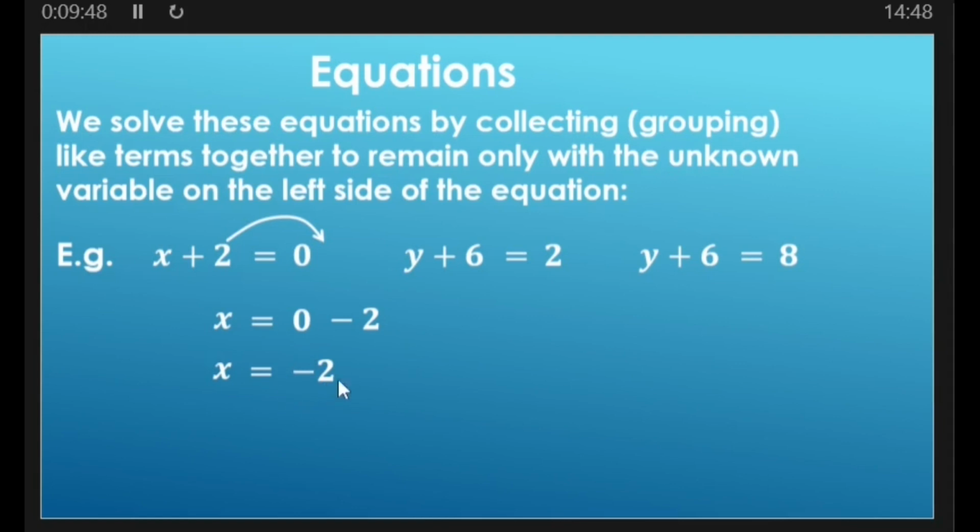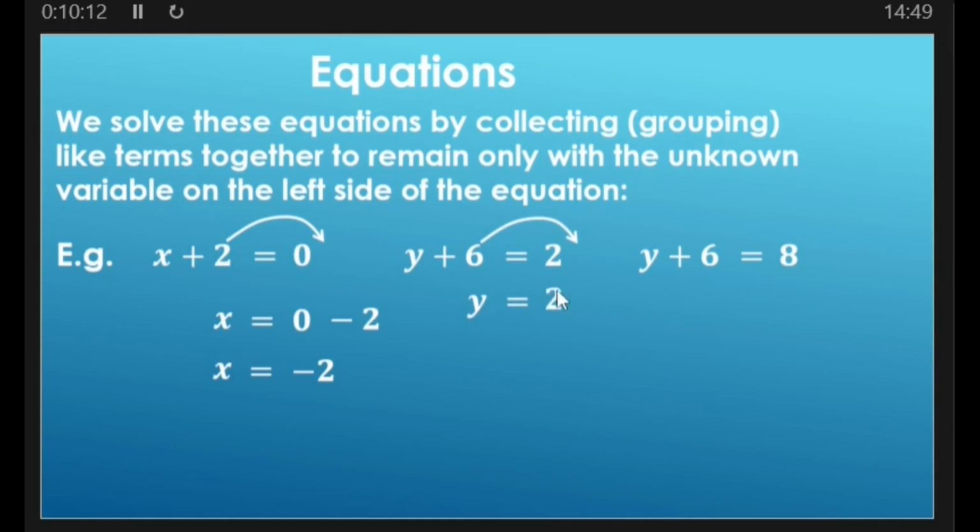All right, so equally here, if we are to solve this one, you have to collect like terms together. So in this equation, 2 and 6 are like terms, while y is a variable, so it has to remain on its own on the left side of the equal sign. So this has to cross, so we remain with y equals 2.